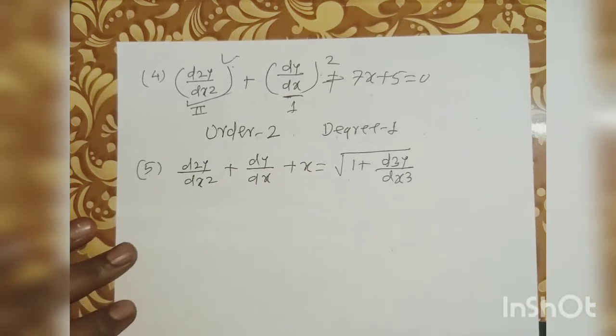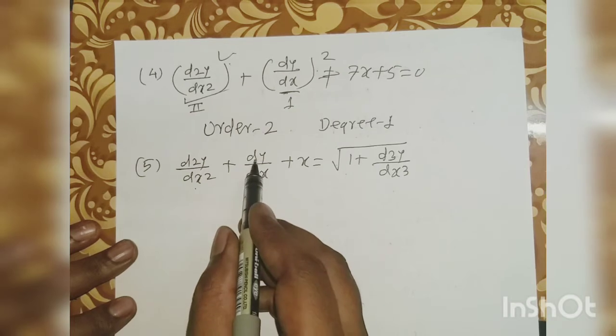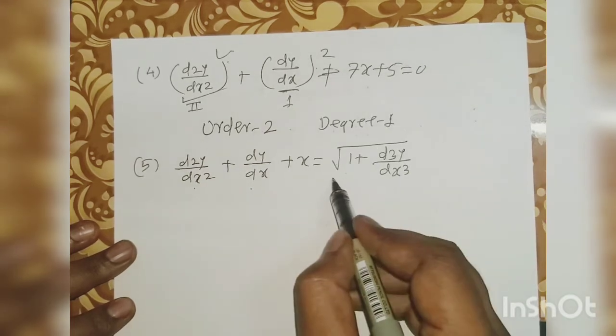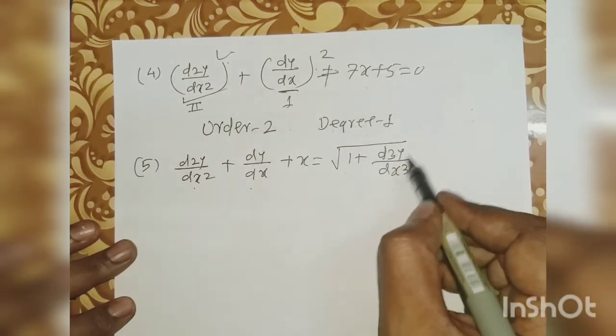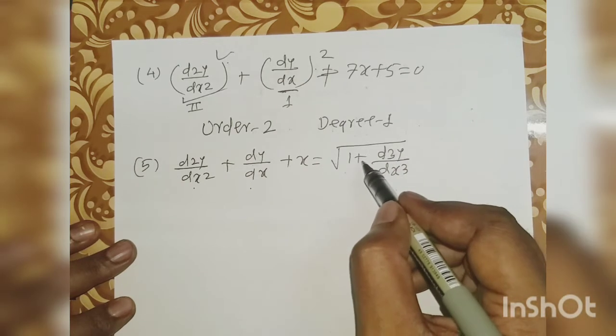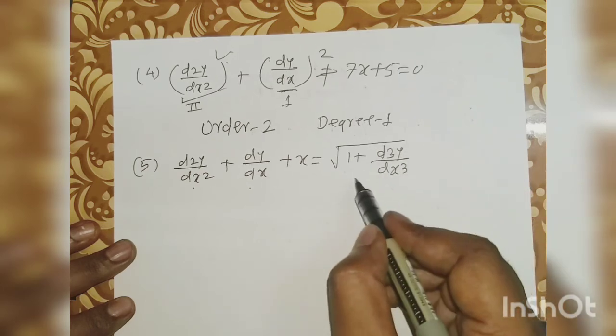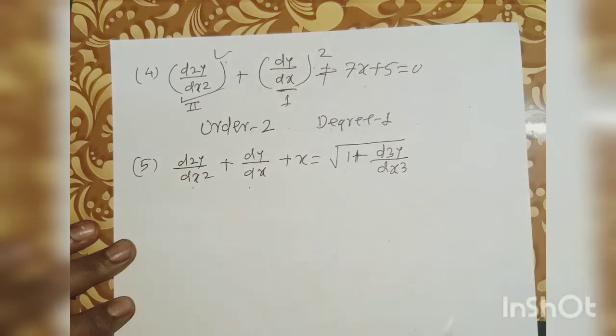Now the left hand side consists of d2y by dx square, dy by dx plus x, but on the right hand side the power of this total term is a fraction. That means first by taking square, this fraction can be eliminated because the degree must be a positive integer.